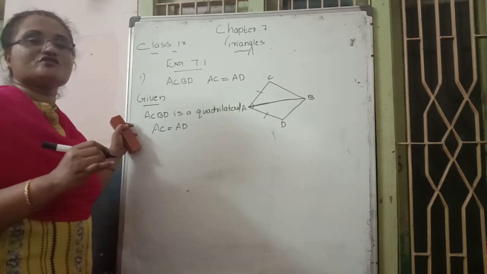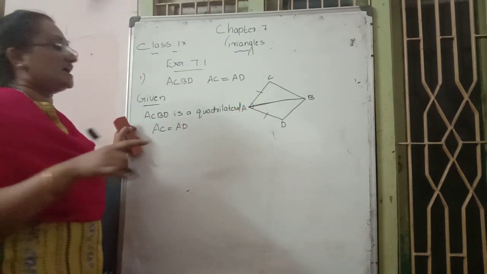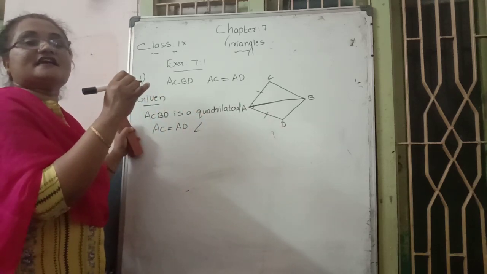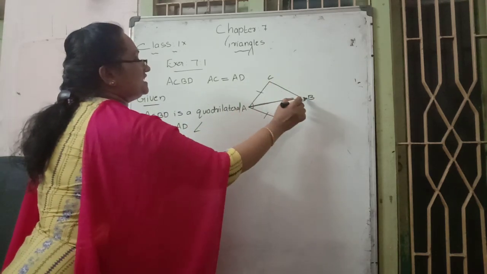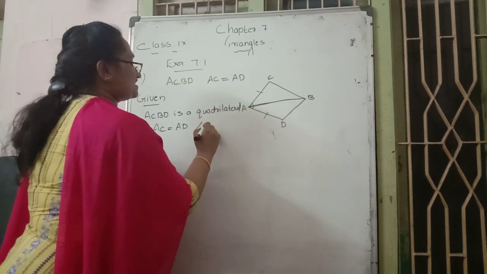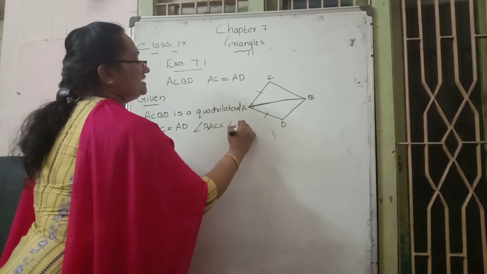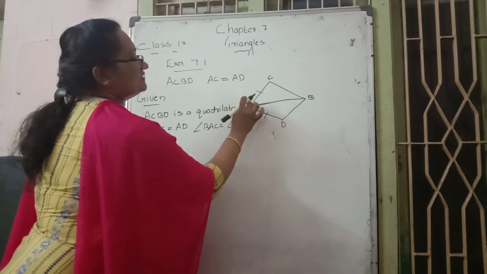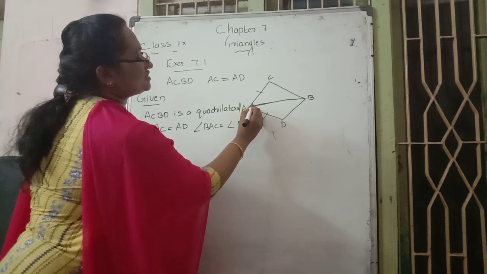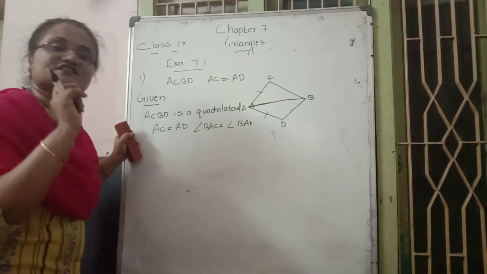Next, the AB line bisects angle A. Bisect means cutting, so it divides angle A into two equal angles, angle BAC and angle BAD. So we can write this information in the given place.